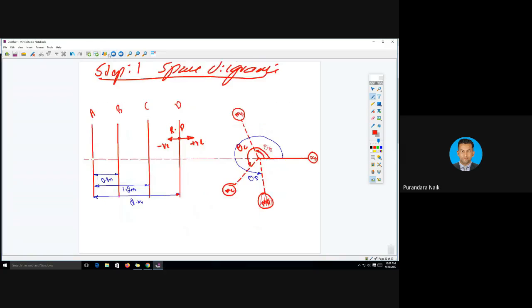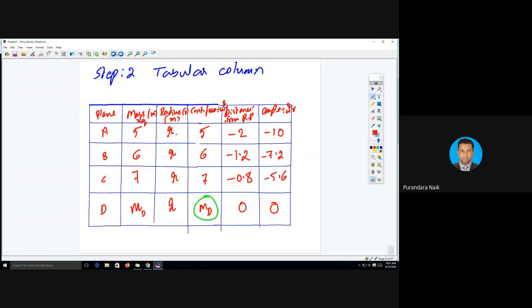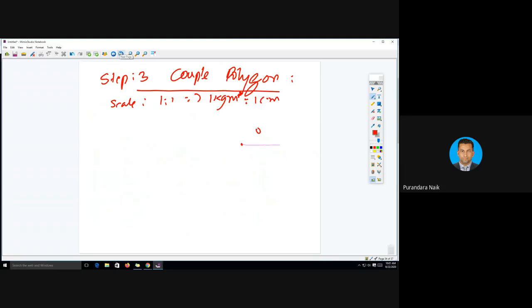A, angle A is 0. Length is -10, -10 centimeter.